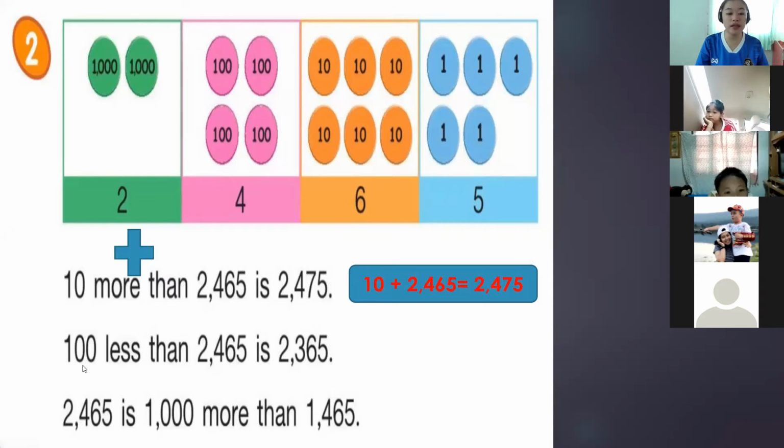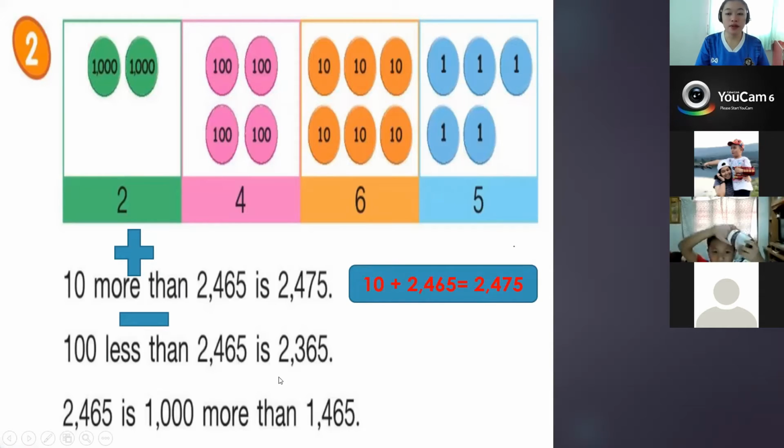Page 18 of your book. Less than, it means you're going to subtract or minus. So you're going to subtract 100 from 2,465.